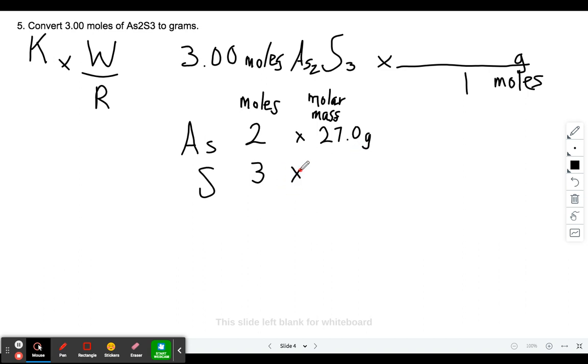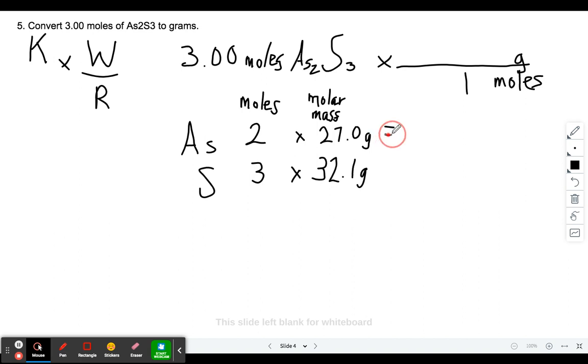It would be helpful if you had a periodic table open while I did this so you could look at it. So if it's 32.066, that 0 has a 6 behind it, so that's going to round up to a 1. Okay, so we got 27.0 and 32.1.